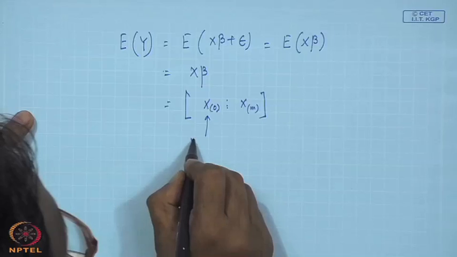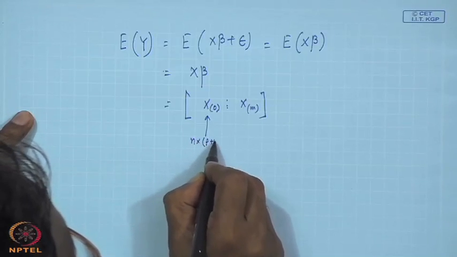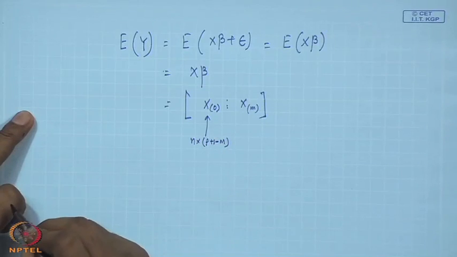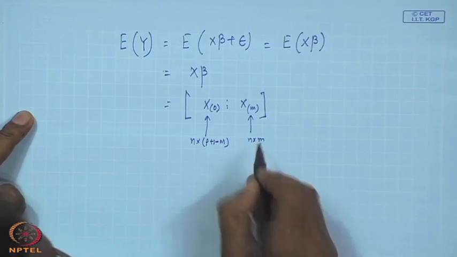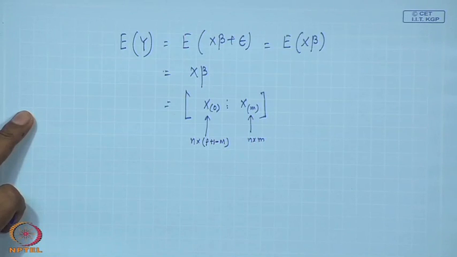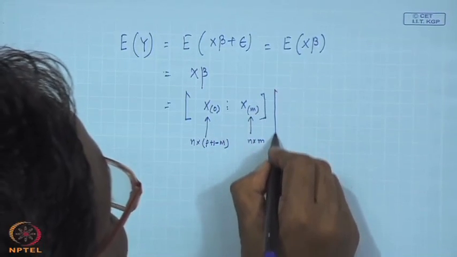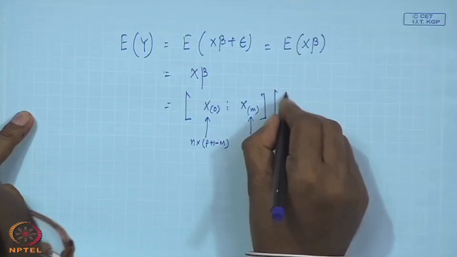This one is n into P plus 1 minus m, and this one is n into m. Clear? Then the same thing I can write for beta 0 and beta m.